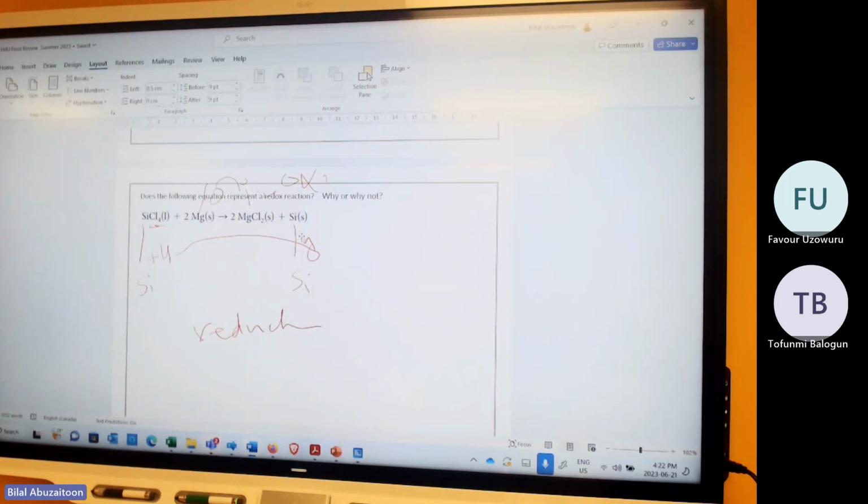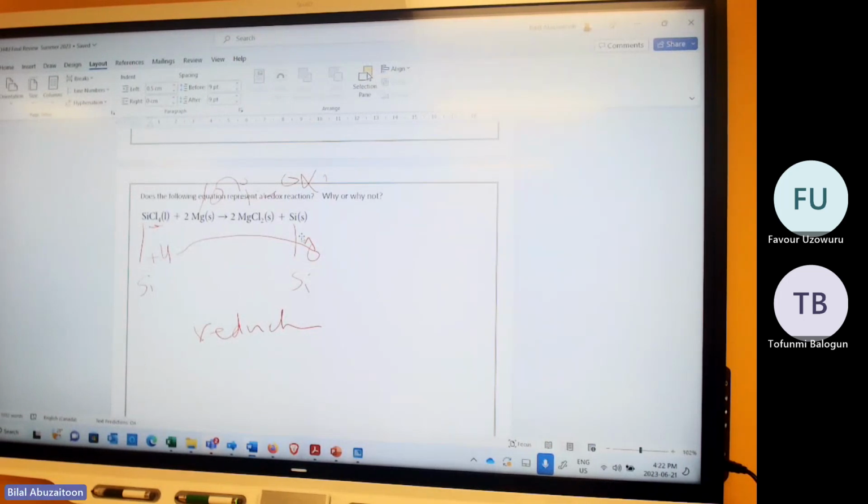Each magnesium gives 2 electrons, so we need 2 of them to give 4 electrons so that the silicon can take these 4 electrons and become neutral. That's why it's 2 Mg solid. The Mg itself is +2, but I need 2 of them.